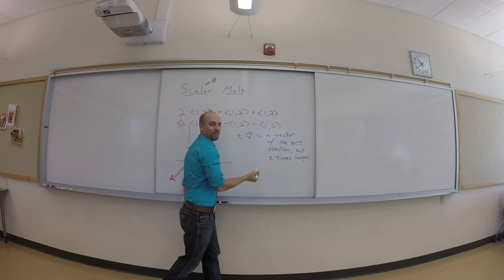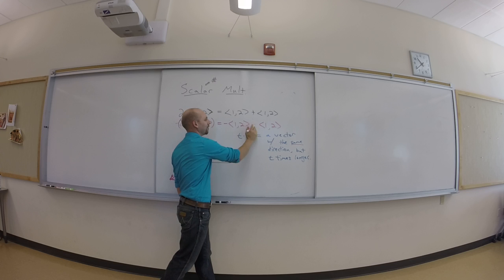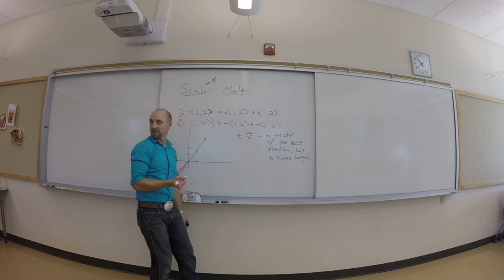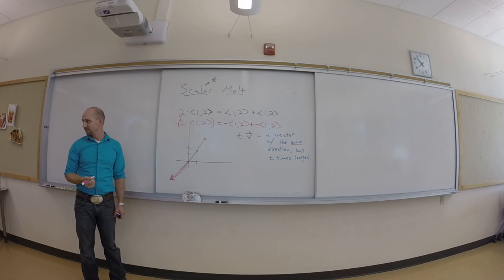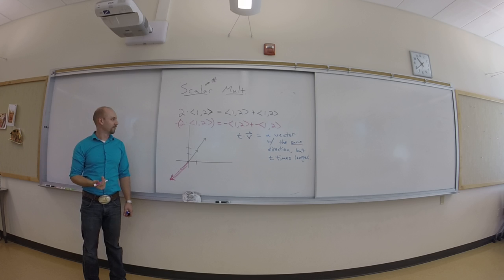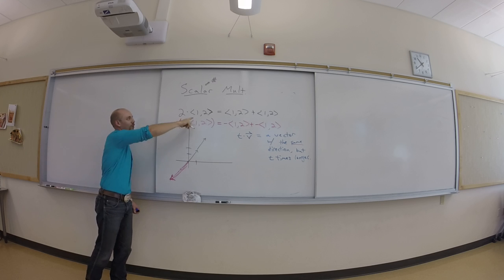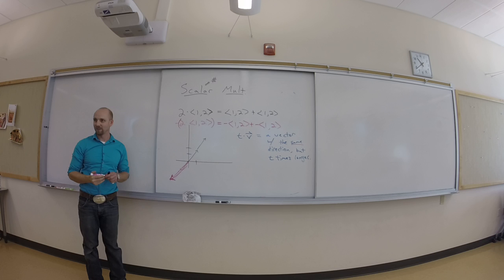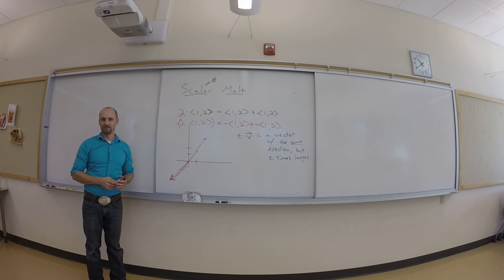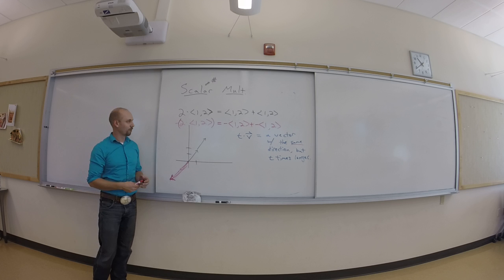I think this is a valid interpretation. It might be better to interpret this as plus minus, minus being just the vector that looks like 1, 2, but pointed in the other direction. Cool? Questions? If you wanted coordinates for this thing, what do you do?